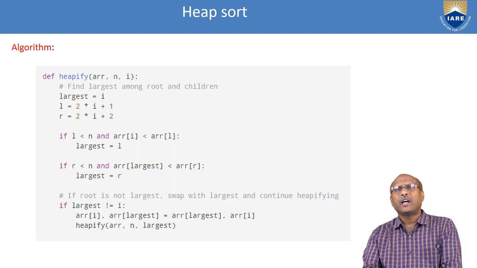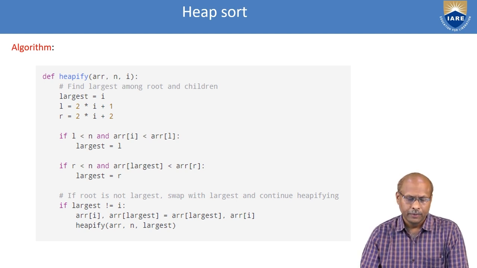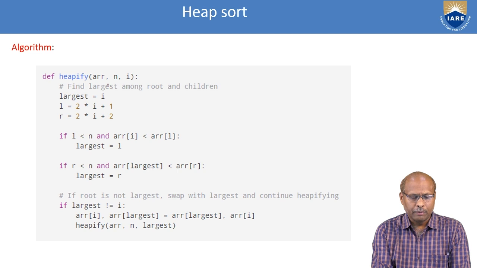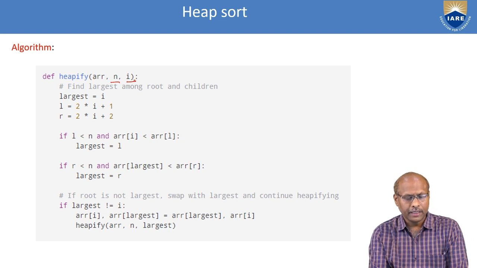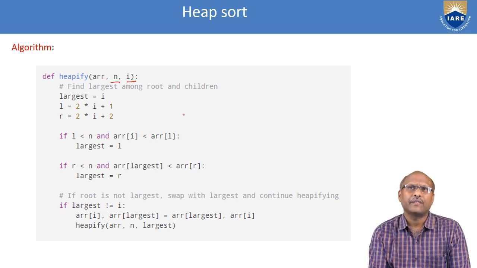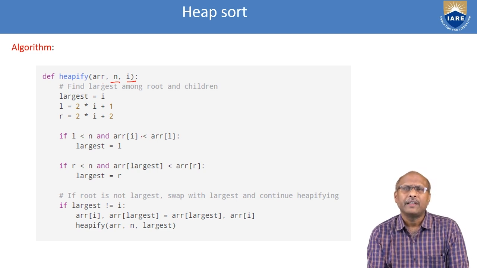Now you can see how the heapify process works, because in heap sort heapify is the main part. You are passing the array, n, and i. Array is the list of data, n is the number of elements, and i is the element which I want to heapify.